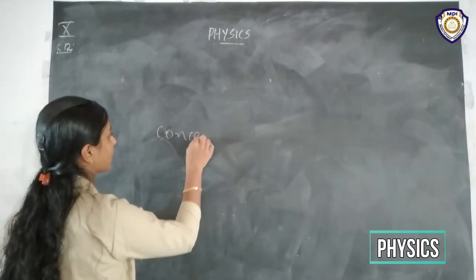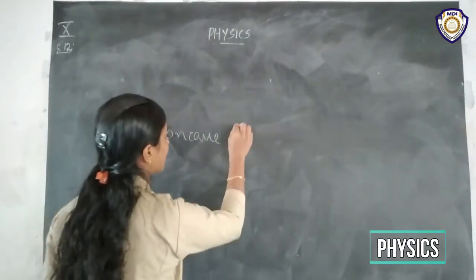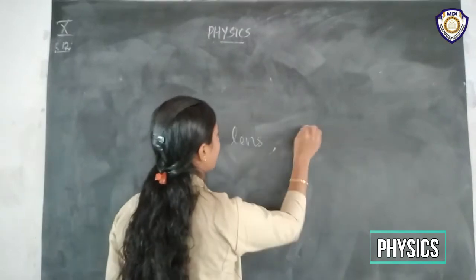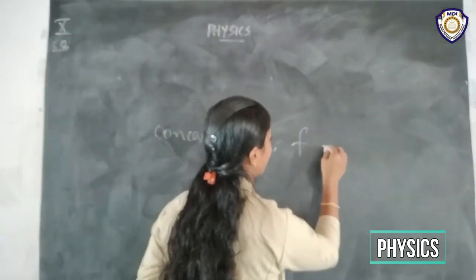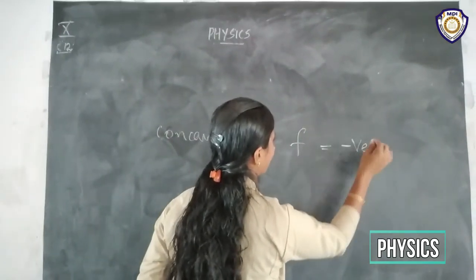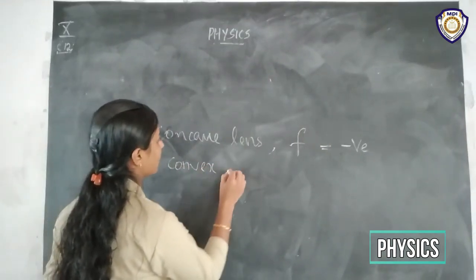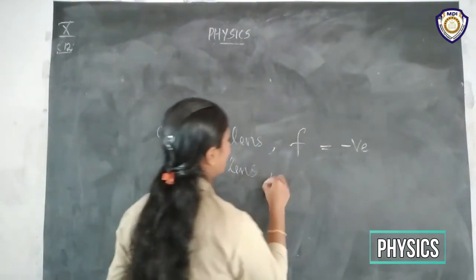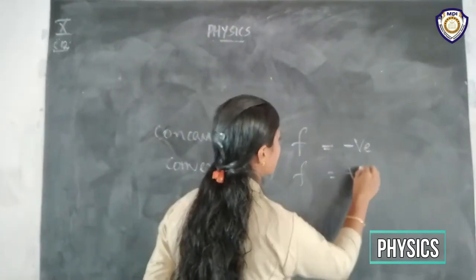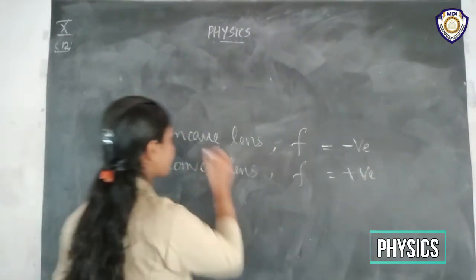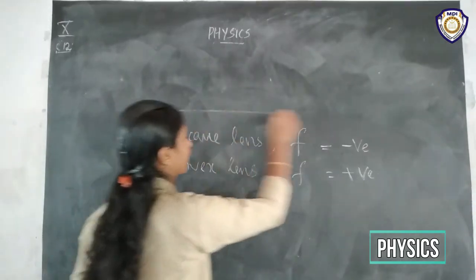For a concave lens, F is negative, right? And for a convex lens, F is positive. So you have to keep this in mind.